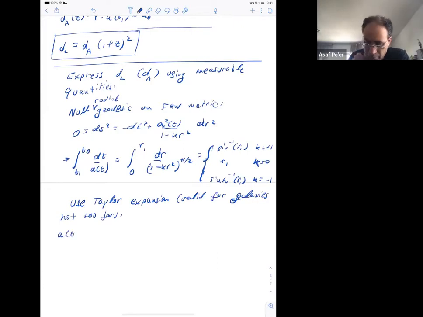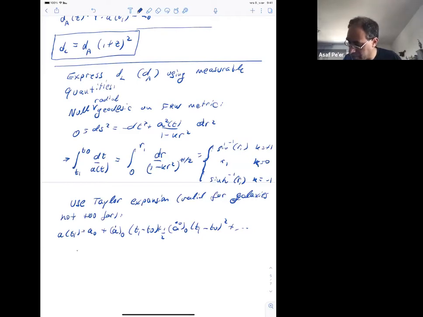A of T1 is A0 plus A dot 0 (T1 minus T0) plus 1/2 A dot dot 0 (T1 minus T0) squared plus, right? That's just a Taylor expansion, which is written as A0 times 1 plus A dot over A 0 (T1 minus T0) plus 1/2 A dot dot over A 0 (T1 minus T0) squared.